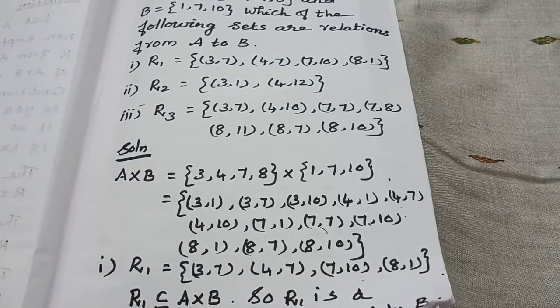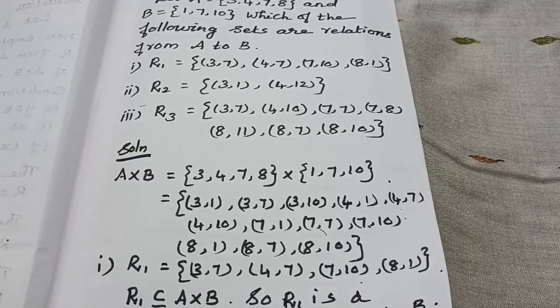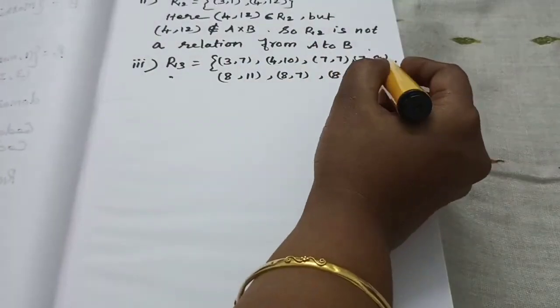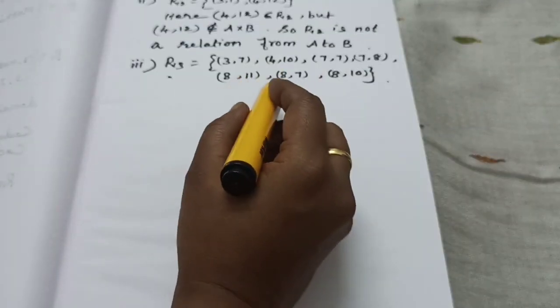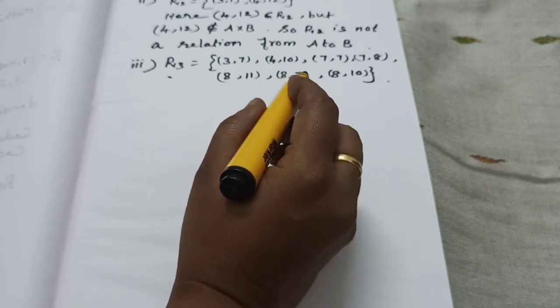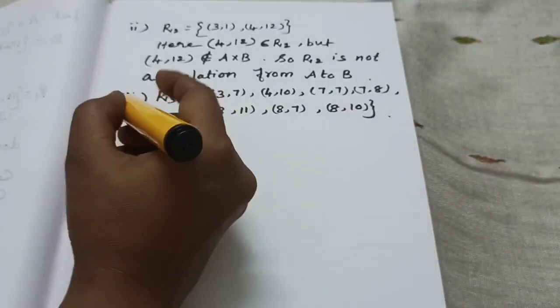So what can we write? (7, 8) belongs to R3, but this (7, 8) does not belong to A cross B. So R3 is not a relation from A to B. Have you understood?